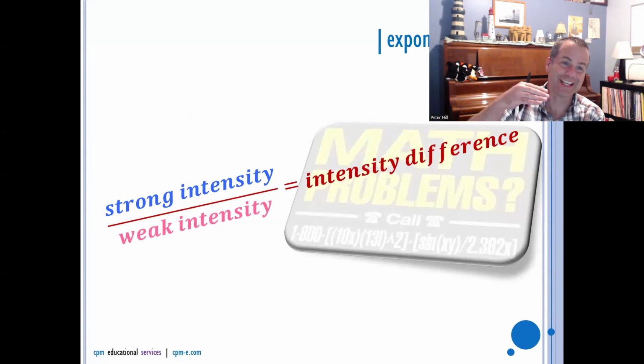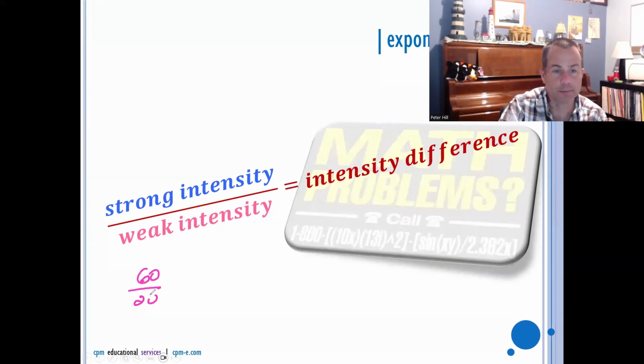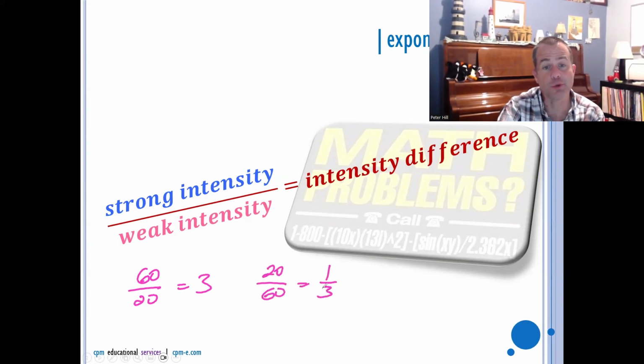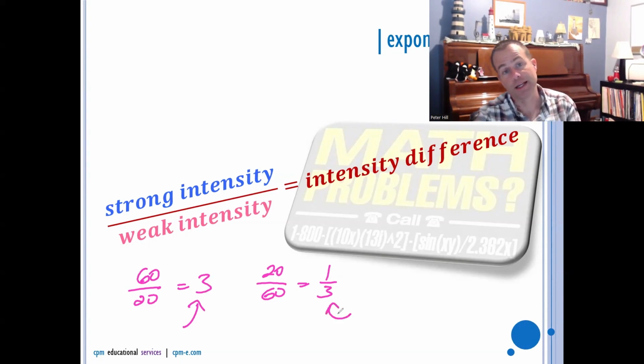The strong one is the older one, so 60 divided by 20 equals 3, and I would say I'm 3 times your age. But I can flip that around and say, you are 1/3 my age. So the order doesn't necessarily matter; it matters what you're comparing to what. Usually we take the stronger and put it over the weaker.